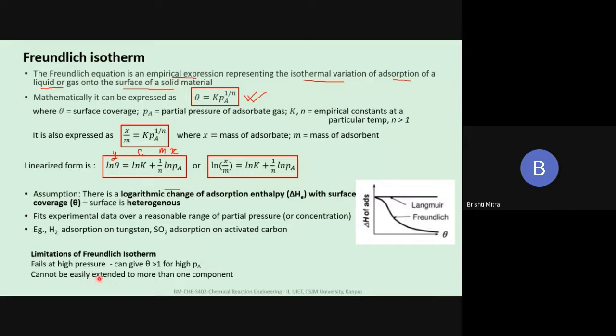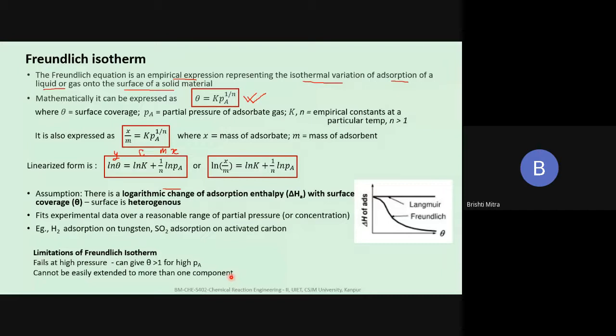And it cannot be easily extended to more than one component. Like if you think about the assignment I had just told you, the Langmuir isotherm for a single adsorbed species is theta is equal to Ka Pa divided by 1 plus Ka Pa. And if I increase the number of species which are getting adsorbed, suppose there are 3 species, then we have summation theta i is equal to summation Ki Pi divided by 1 plus summation Ki Pi.